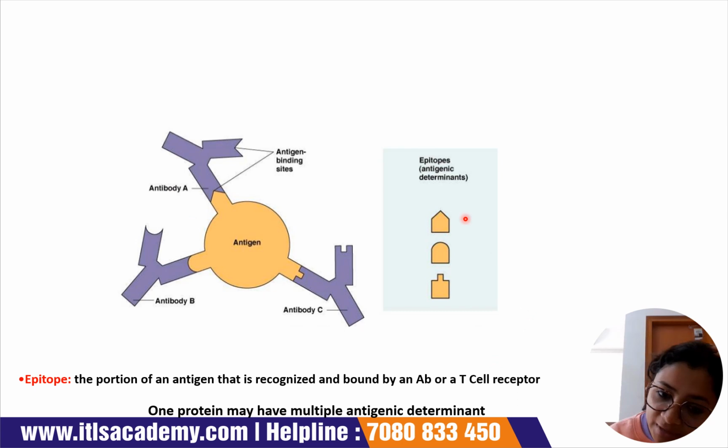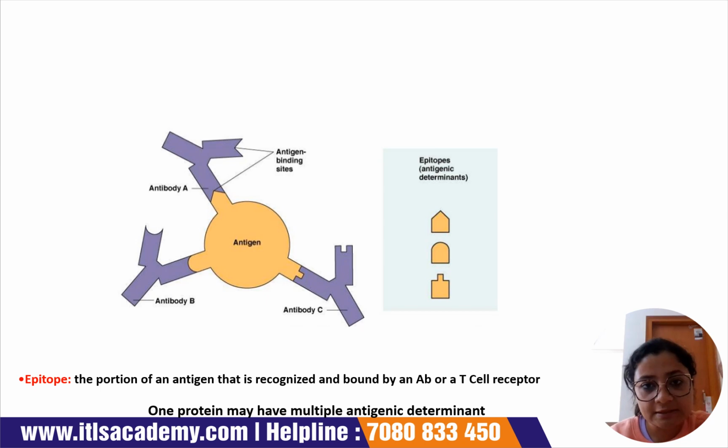Antibody A is binding to this type of epitope, antibody B is binding to the second type of epitope, and antibody C is binding to the third type of epitope. The structural configuration is different, but all these epitopes are present on the same antigen. So the moral of the story is one particular antigen can have several different epitopes or antigenic determinant sites.